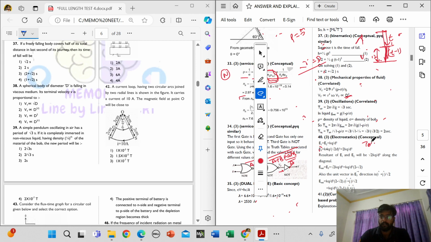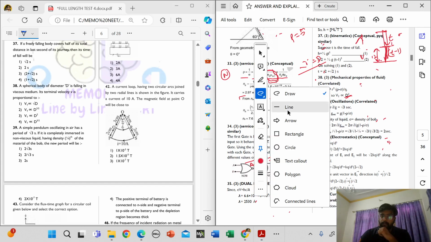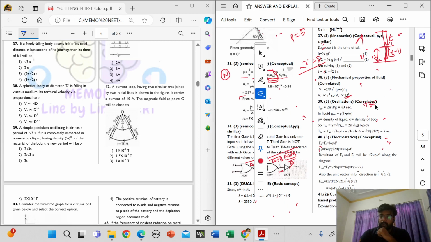This T is inversely proportional to the g effective, because we know that for the liquid, g is equal to g times (1 minus rho of liquid over rho of the material).